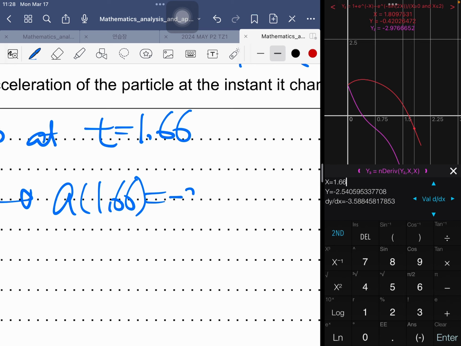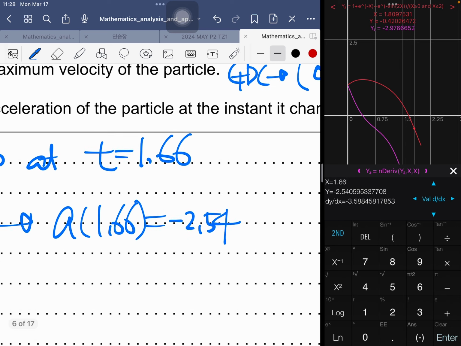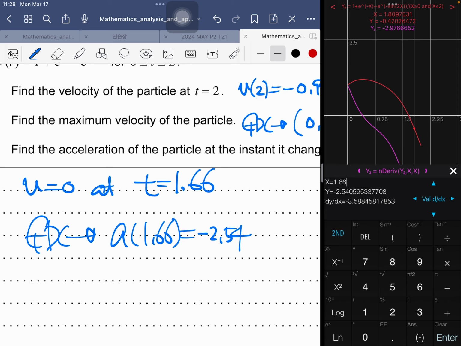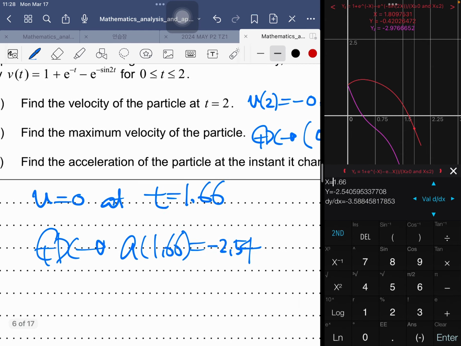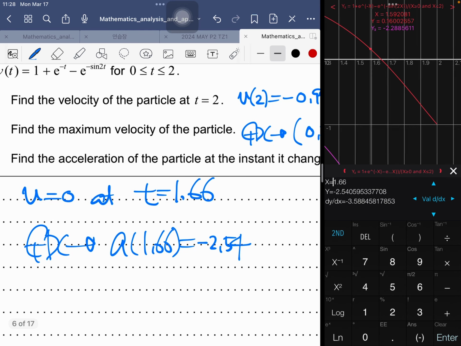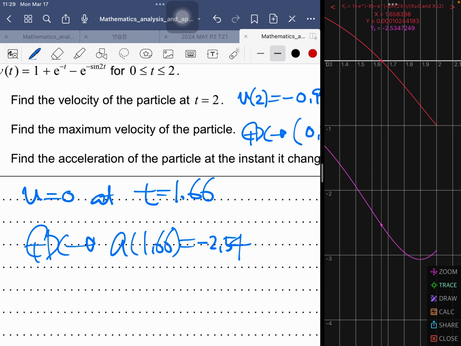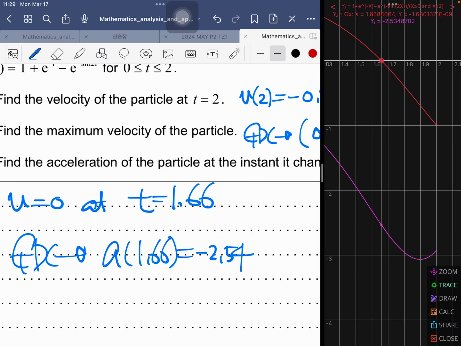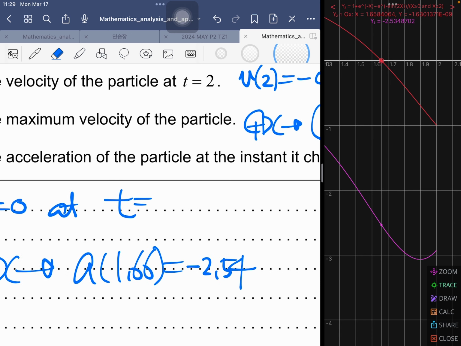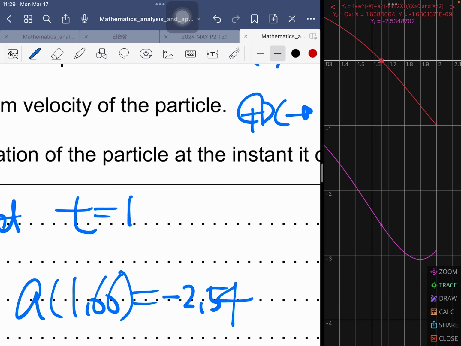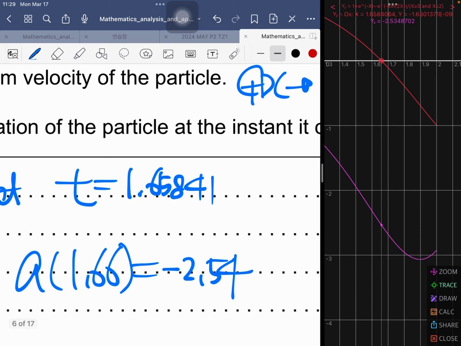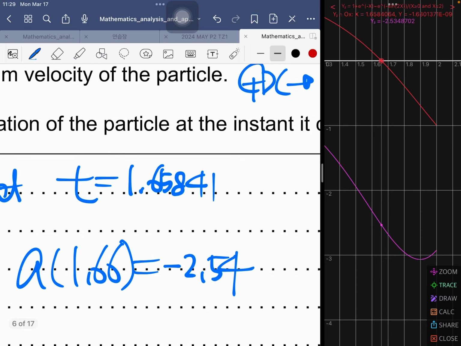It gives us negative 2.54, but there is a little error in it. When v is 0, t actually equals 1.65841. We cannot use three significant figures until the final value, so this more precise value should be used.